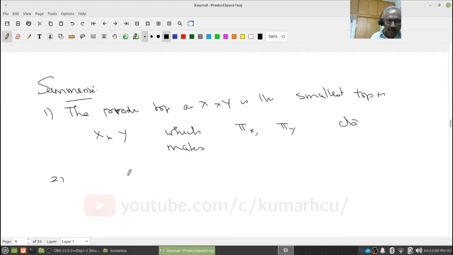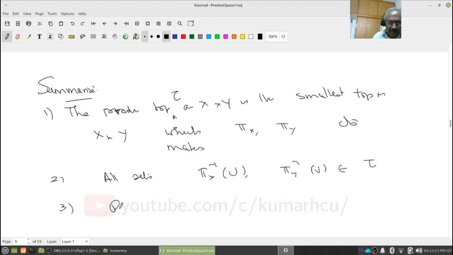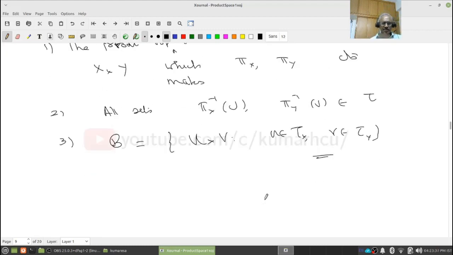Therefore, what we found out is that all sets of the form pi x inverse of u and pi y inverse of v must be in this topology, right? Okay, therefore as a basis, what we saw is that the basis for the topology is u cross v, where u is in tau x and v is in tau y. These are the things we have found.